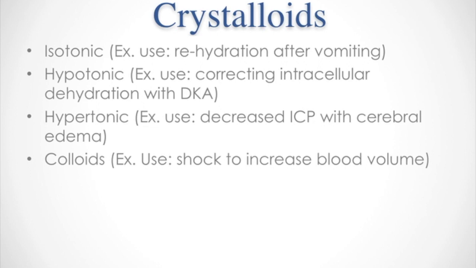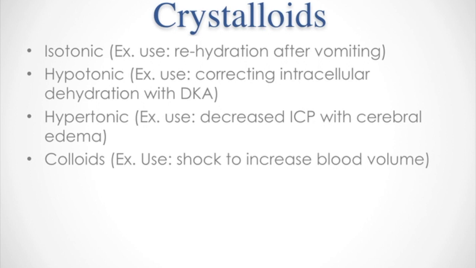The third type is hypertonic, and that is used for increased intracranial pressure related to cerebral edema, and that is going to allow fluid to leave the cell, which helps with the edema and lowers intracranial pressure.